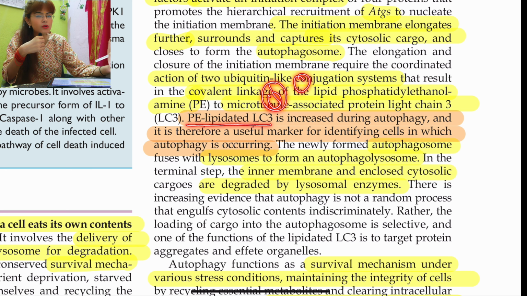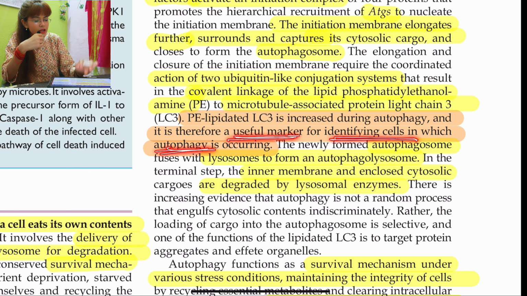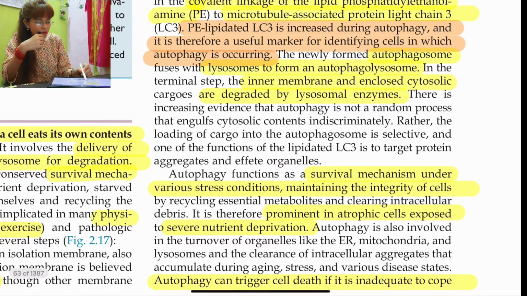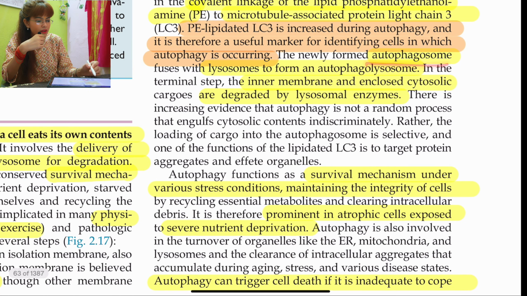So in apoptosis the marker was annexin V, here the PE lipidated LC3 is the marker. Very important question. Now this autophagosome will fuse with the lysosome to form the autophagolysosome, and it is degraded by the lysosomal enzymes. I've already explained this. You can see this diagram: there's formation of the autophagosome, binding with the lysosome, and then degradation.